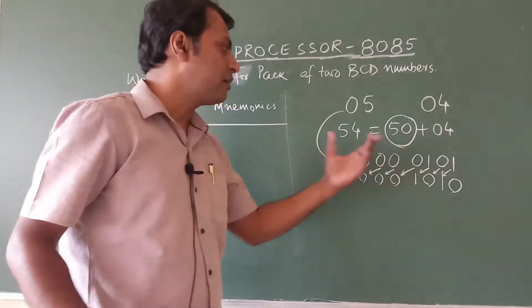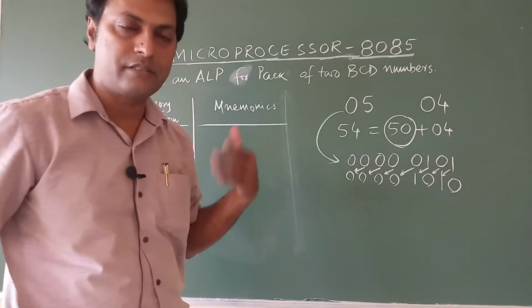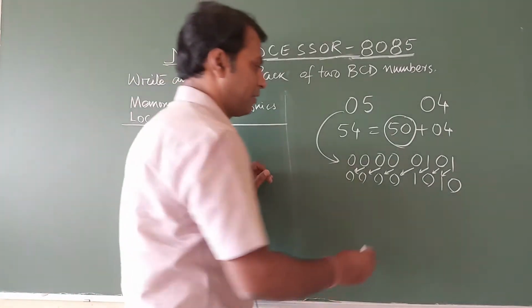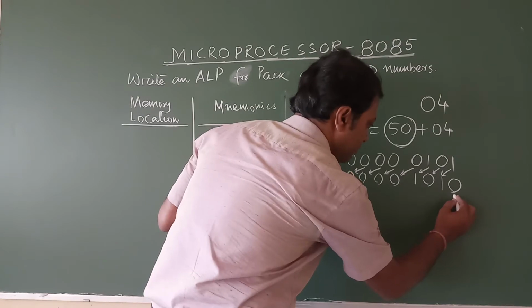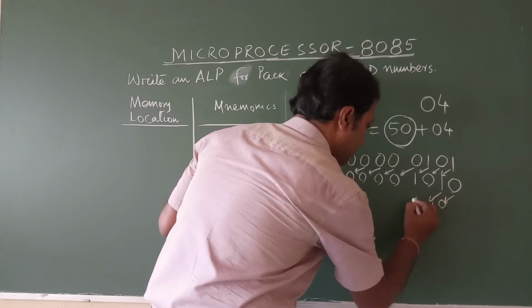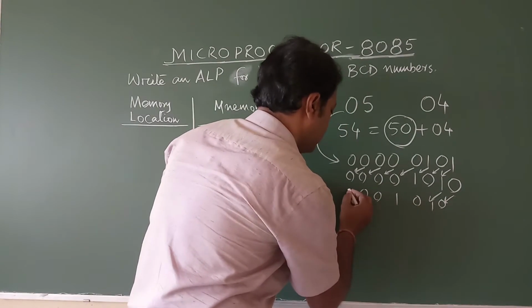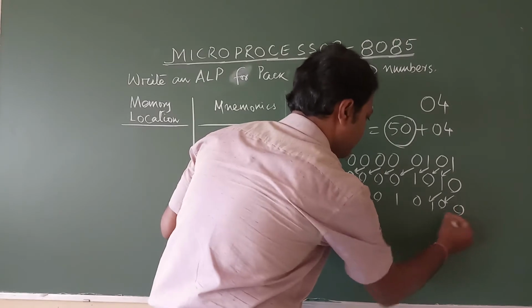So we need 50. So this whole position should be here. So we need to rotate 4 times. So another time, here it is 0 1 0 1 0 0 0. This 0 comes to this position.